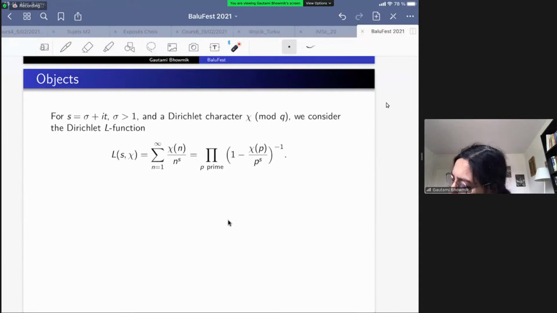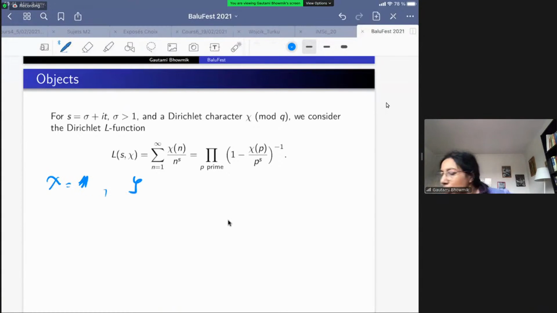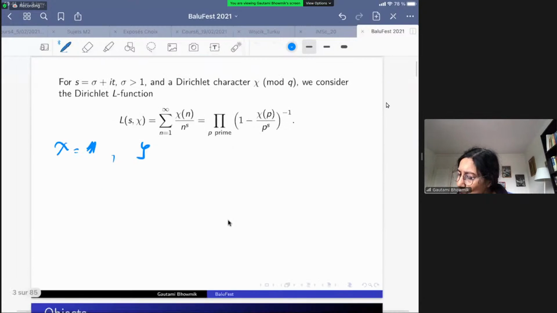So in particular, you could have chi to be 1, and then you get the zeta function. Of course you know all of that.